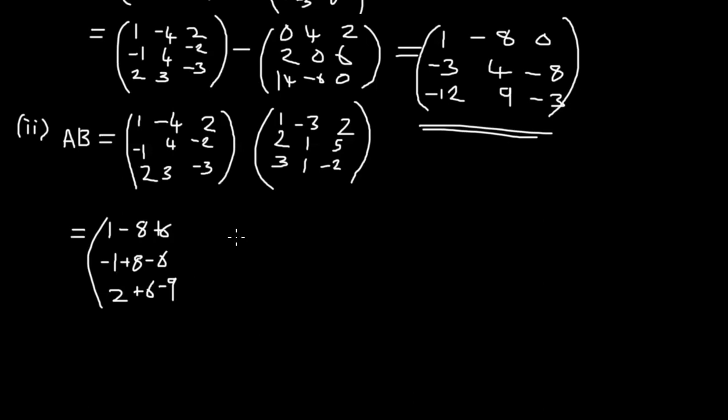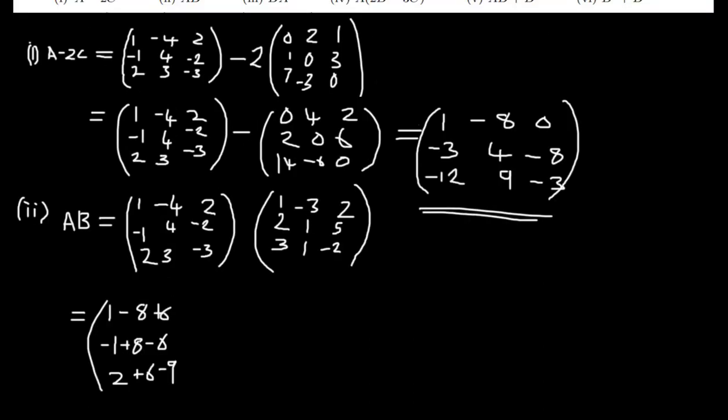So we move on to the next column. You start again. 1 times negative 3, you get negative 3. And then negative 4 times 1, you get negative 4.